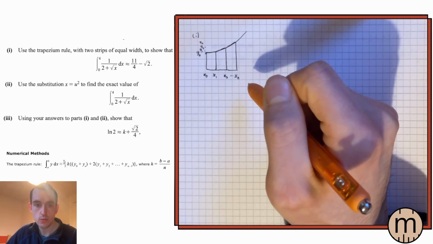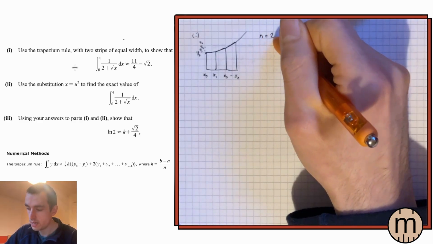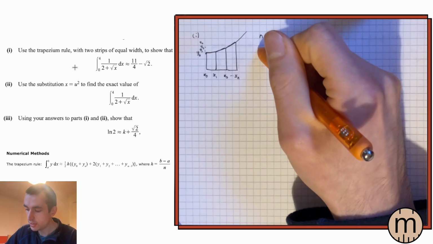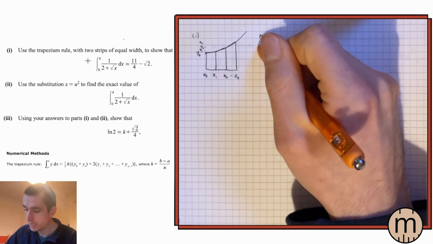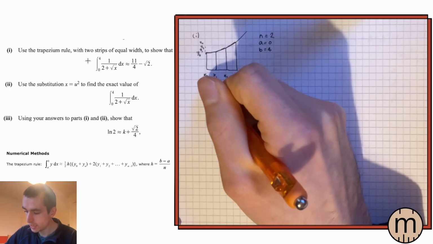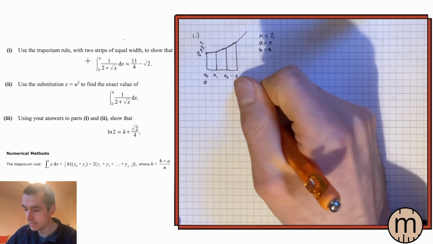In our case, we're only given two strips, which is not very many for a question like this, but that tells us straight away that n is equal to 2. And using the formula, we can see the limits of the integral are 0 and 4. So that means a is 0 and b is 4. That means also that x0 is 0 and xn is 4.